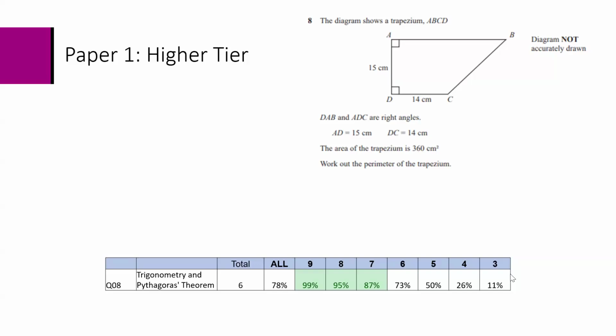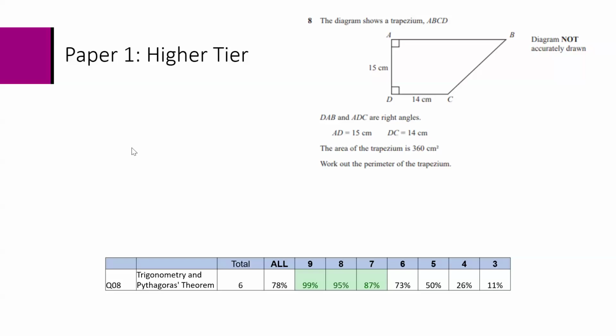It wasn't for the remaining grades. The examiners did say there was some confusion at the end with finding the perimeter. Students had done a lot of the hard work and got very far through the question, but then got lost with what they were trying to answer at the end. So my advice is, when you're practicing these shape and space questions with algebra, remind your students to check at the end: what have I been asked to do?